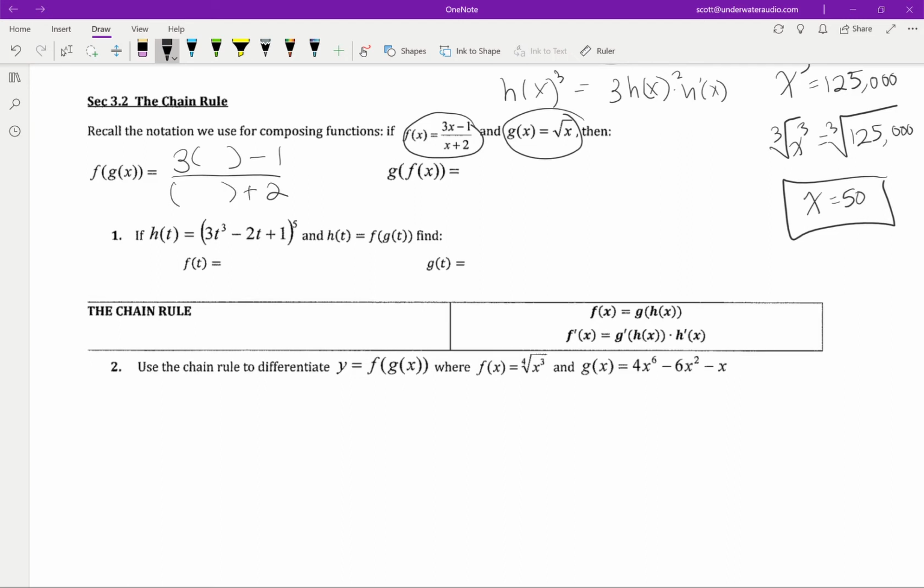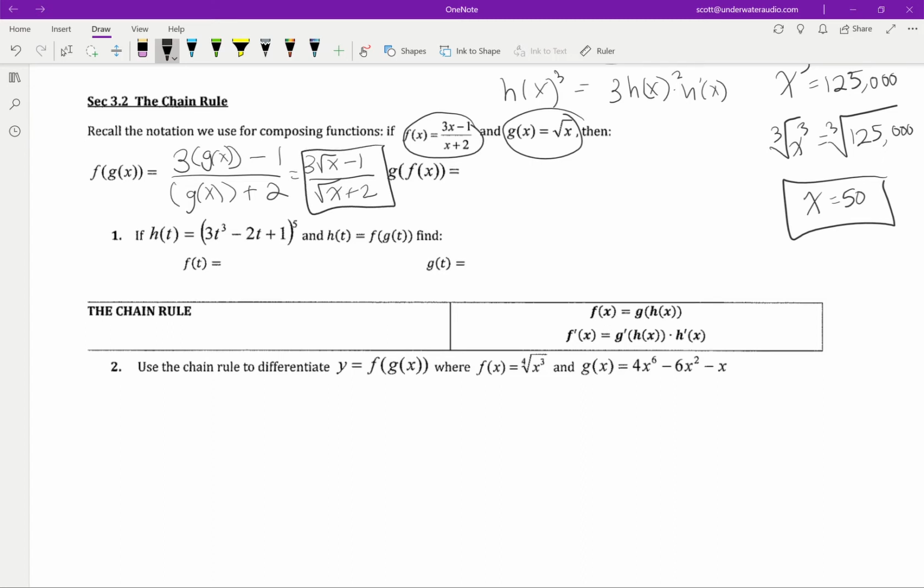And everywhere there was an x, I'm going to replace it with g of x. Okay, but g of x, I know, is actually the square root of x. So this would be 3 square root of x minus 1 over square root of x plus 2.